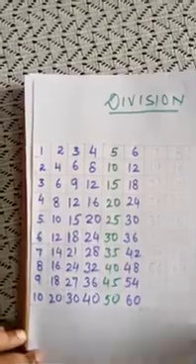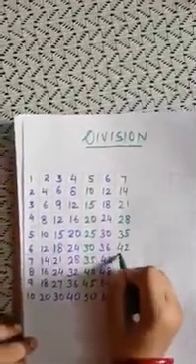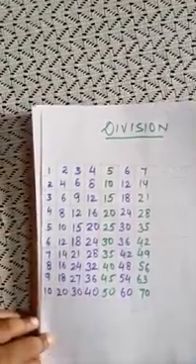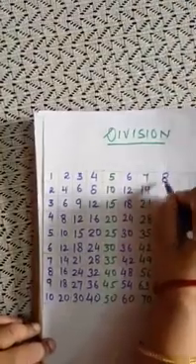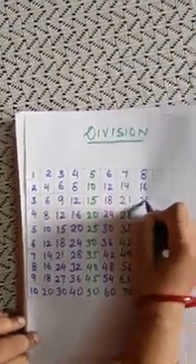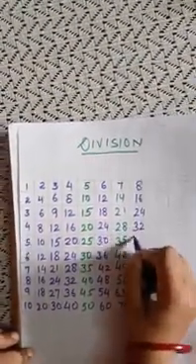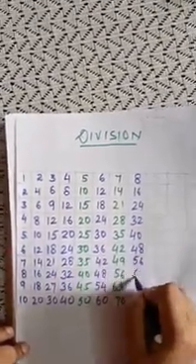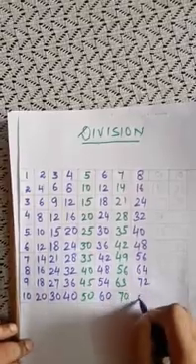Now table number 7: 7, 14, 21, 28, 35, 42, 49, 56, 63, 70. Now table number 8: 8, 16, 24, 32, 40, 48, 56, 64, 72, 80.